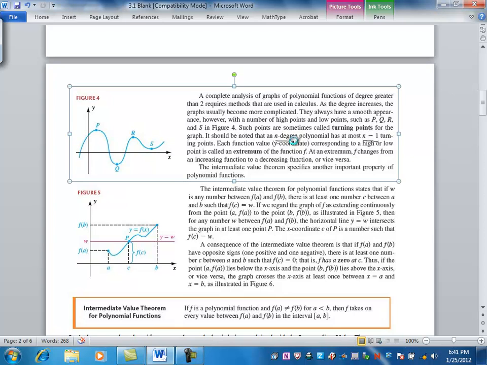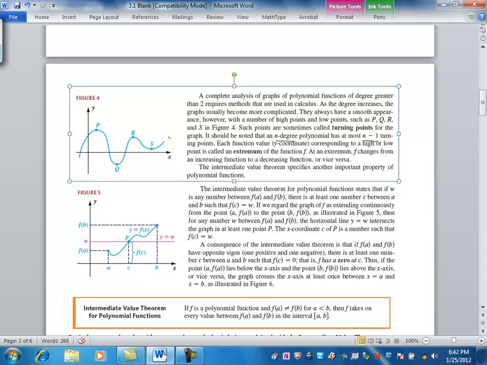Each function value corresponding to a high or low is called an extremum of the function, and at an extremum f changes from increasing to decreasing or vice versa. We've talked about this in our previous sections. See, we're going uphill from left to right, we're increasing. Now we come downhill from left to right, we decrease, increase, decrease, and increase once again. So uphill, downhill, uphill, down, back up.